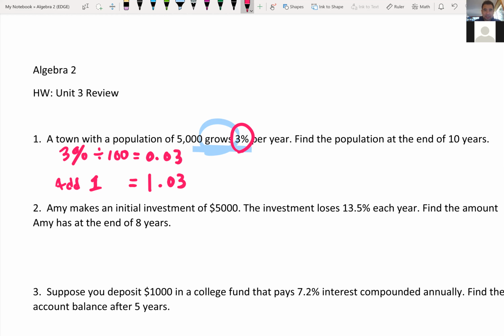Okay, and so that equation will be y equals 5,000 times 1.03 to the time, which is 10 years. Okay, and I've got 6,720.